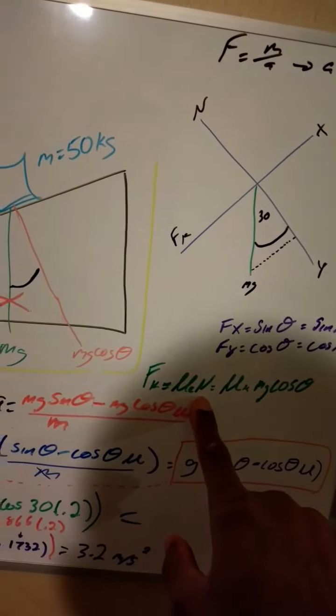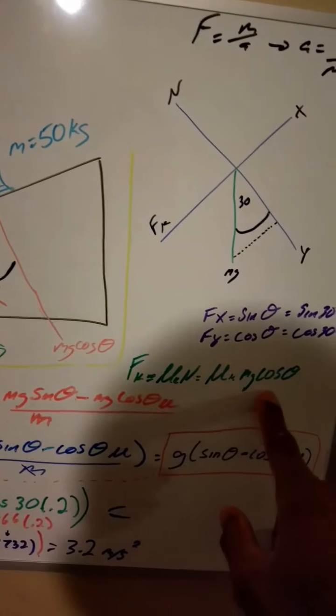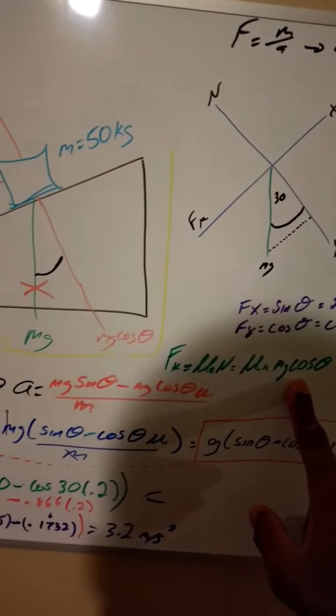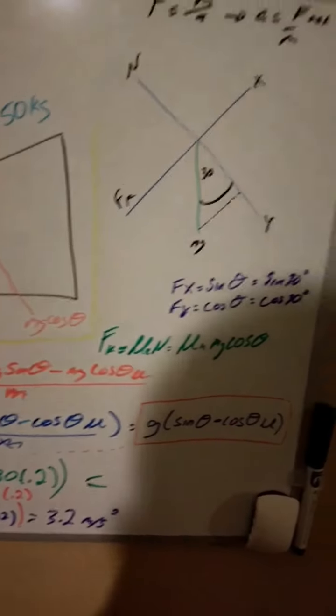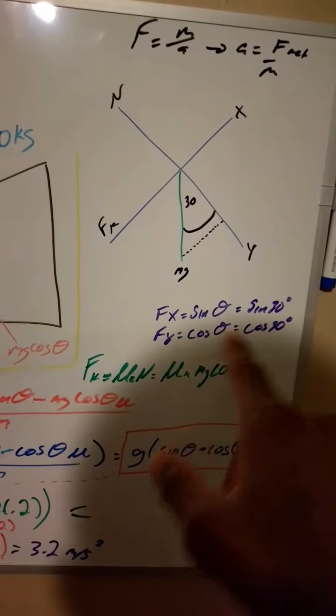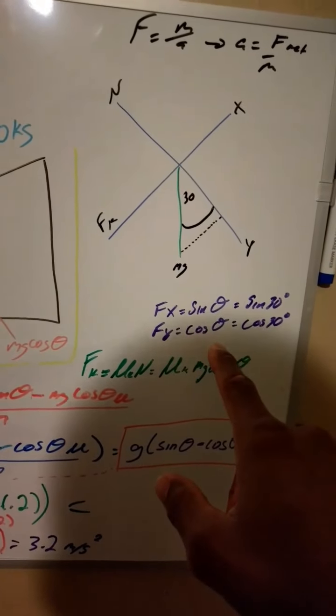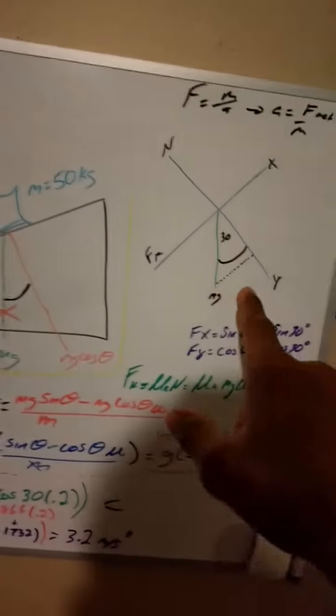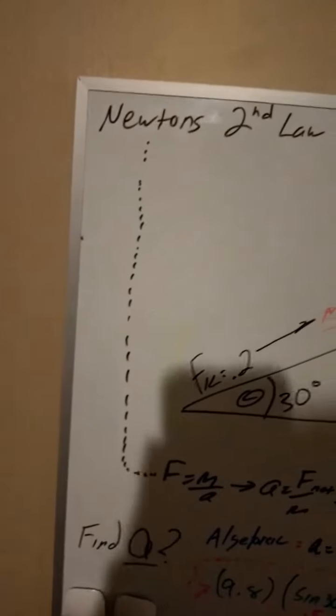We just replaced the N, the normal force, with the mg cosine. And of course I found my F of x, which is sine theta, sine 30, and my F of y, which is cosine theta, cosine 30. And this is just a free body diagram of what's happening right here.